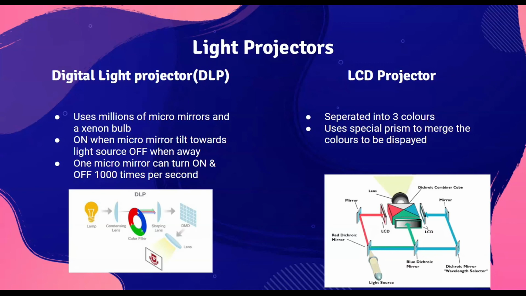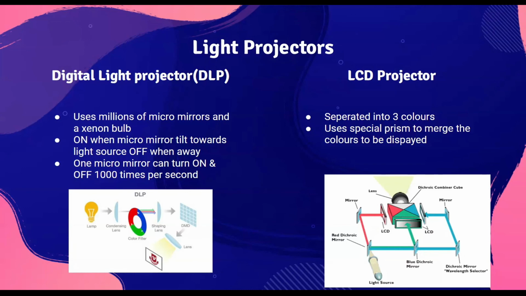For example, let's take a white color, which is a combination of red, green and blue, projected on the screen. When the color filter is red in the DLP, all the micro mirrors will be turned on, allowing red. The same happens when the filter is green and blue.